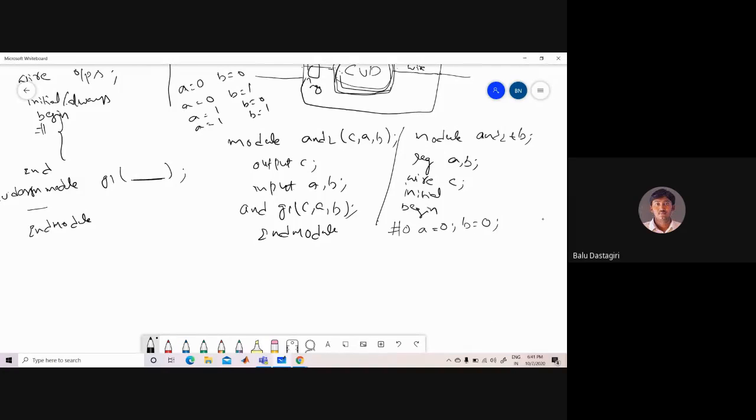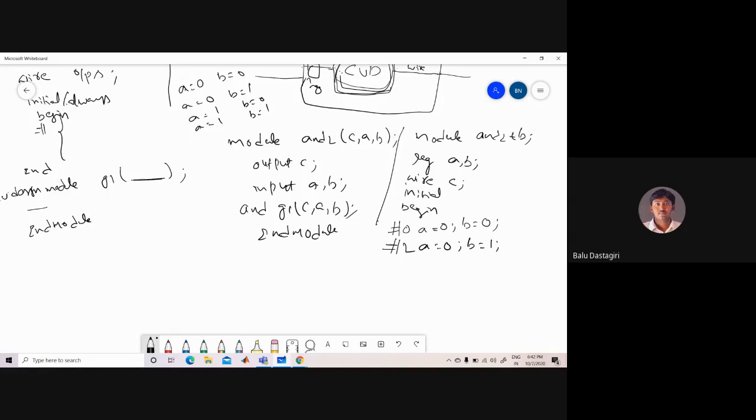After 2 time units, the value of a is equal to 0 and the value of b is equal to 1. So I am writing the test cases.